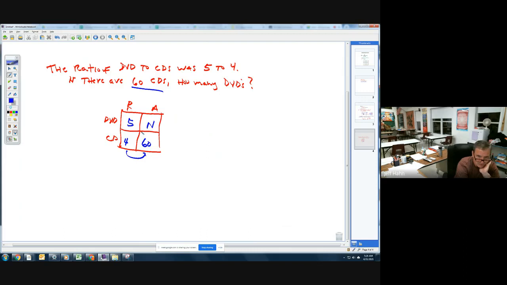And again, 4 times what is 60? You maybe don't know that, so let's just solve this using cross products. 5 over 4 equals some number over 60. Doing cross products here, 4 times n equals 5 times 60. 4n equals 300.